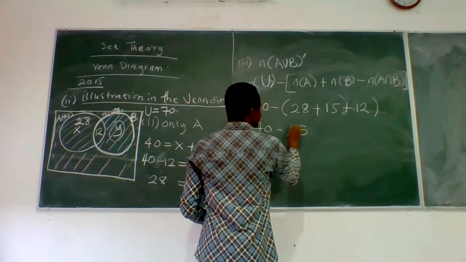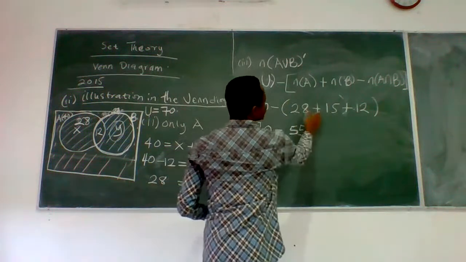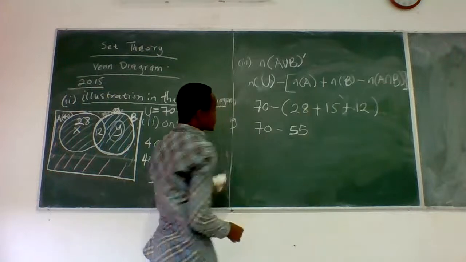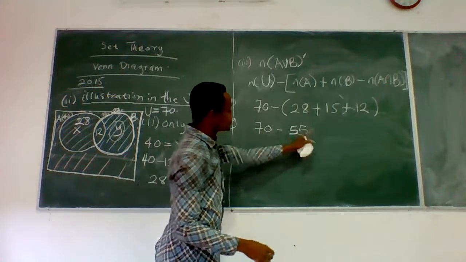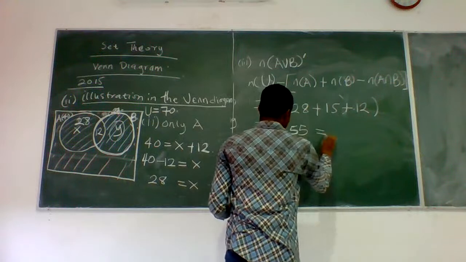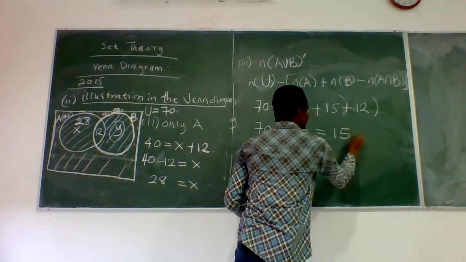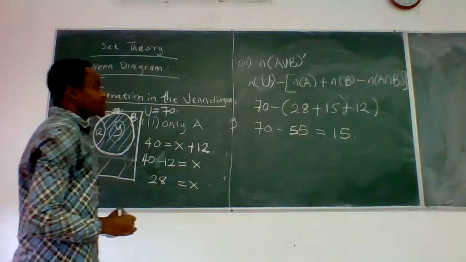Yes, 55. So now you have 70 minus 55, which is equal to 15. So you have 15.